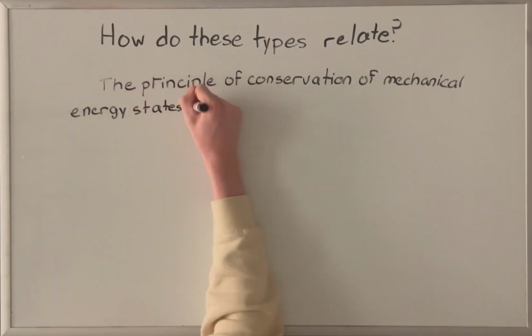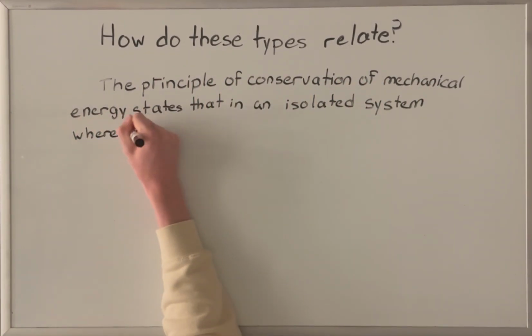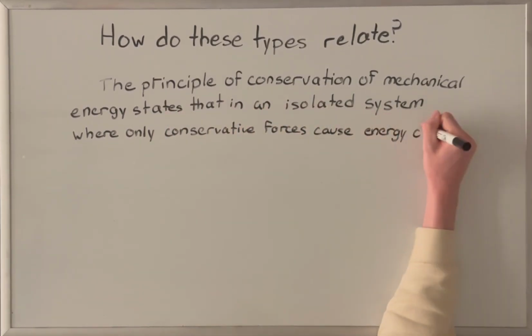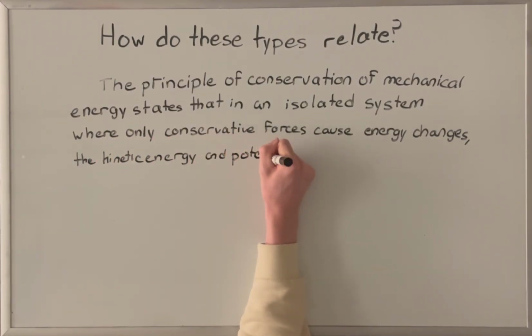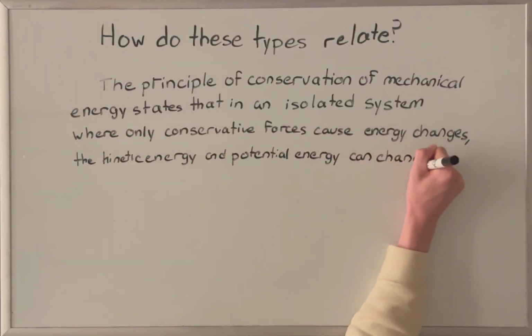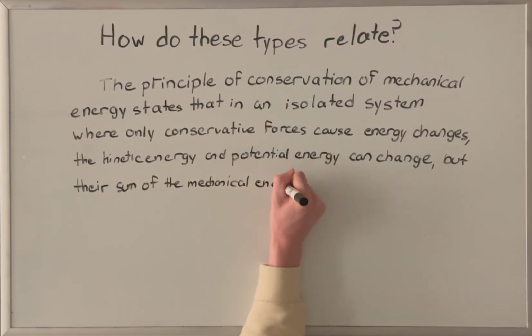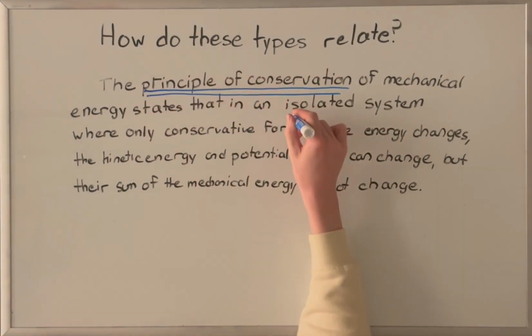What it essentially says is that for an isolated system where only conservative forces are acting on it, which means the curl is zero for people in multivariable calculus, the sum of the mechanical energy at any point is going to be the same, regardless of what point along its motion or path you take.